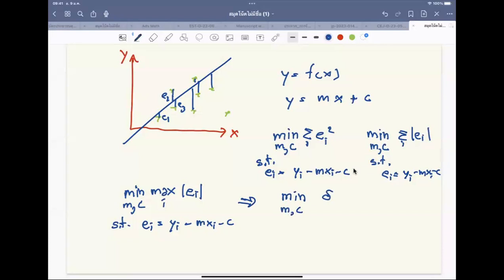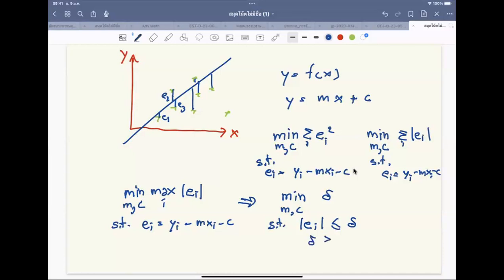And we have to ensure that all the absolute errors are less than delta. This is one thing. And this way guarantees that delta must be positive, right?